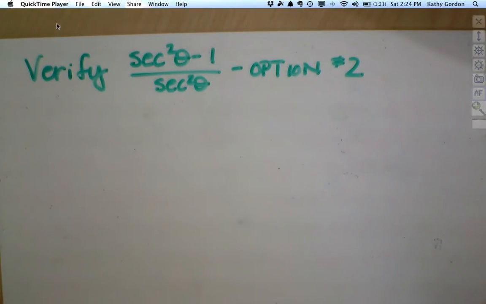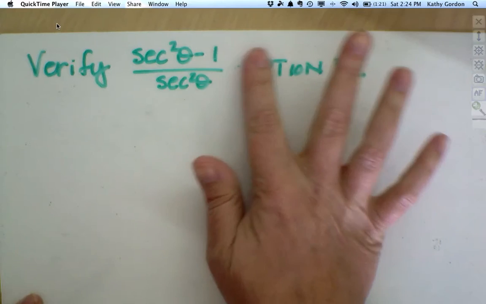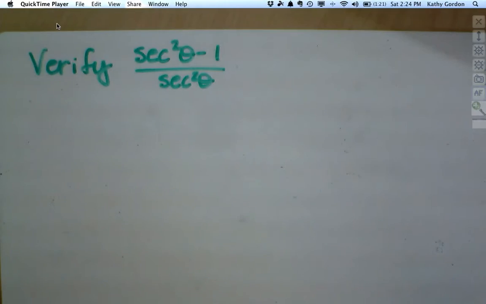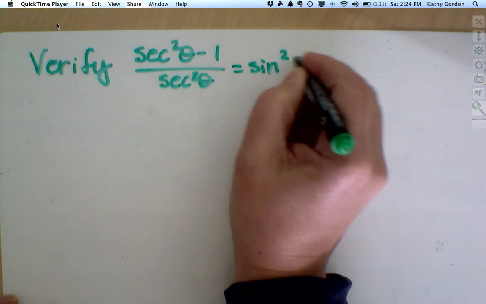So we're still using the same problem. We want to verify secant squared theta minus 1 over secant squared theta. Whoops, I forgot the rest of that problem. Hang on a second. Let me fix that. Being equal to the sine squared of theta.